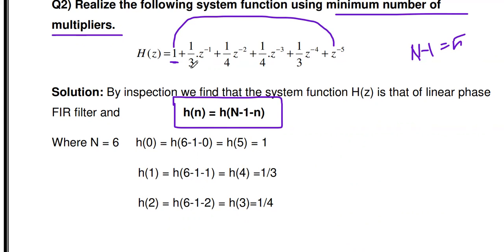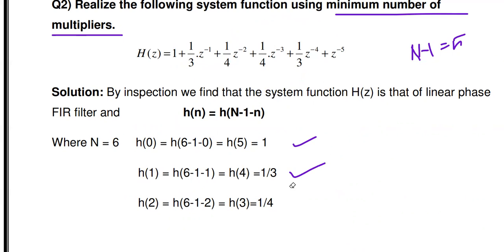And h of 1 and h of 4 should be equal. You see, the z power minus 1 coefficient is 1 by 3, and the z power minus 4 coefficient is 1 by 3. Okay, yes, the second is satisfied. And the third, h of 2 and h of 3, should be equal. Yes, 1 by 4 and 1 by 4, equal. Okay, so the given system function is a linear phase FIR filter.